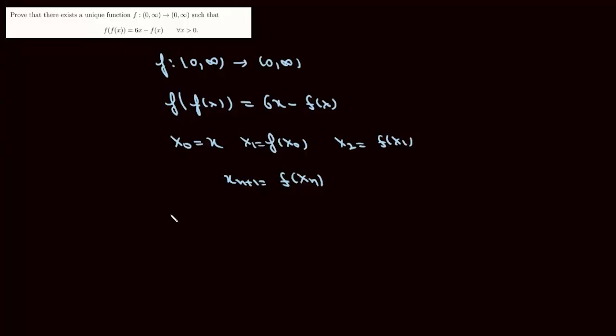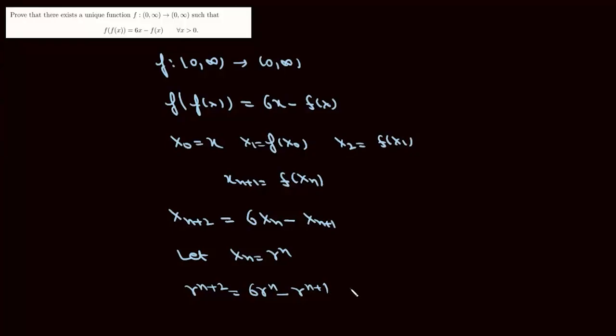Now we can write this recurrence as x_{n+2} equals 6x_n minus x_{n+1}. Now we let x_n as r to the power n. So it will be r to the power n+2 equals 6r to the power n minus r to the power n+1, which will give us this quadratic equation r squared plus r minus 6 equals 0. So we'll get r as minus 3 and r as 2.